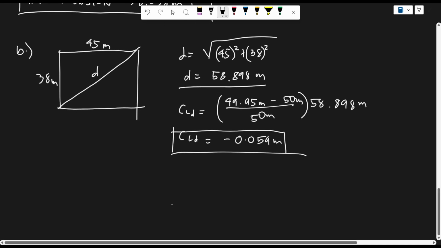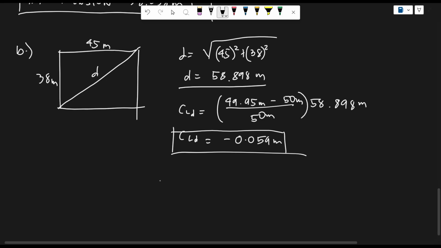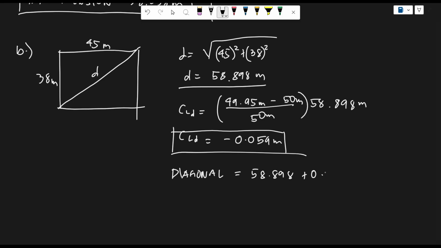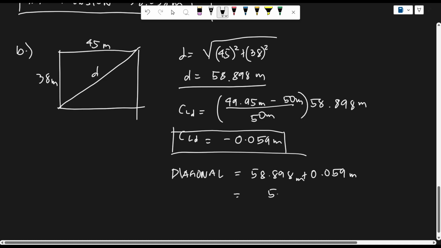Now, in order to get the correct length when we lay it out on the field, we're just simply going to add. So the diagonal dimension that we're going to lay out should be equal to 58.898 plus 0.059 meters, and you will get here the 58.957 meters. So diagonal length to be laid out, this is 58.957 meters.